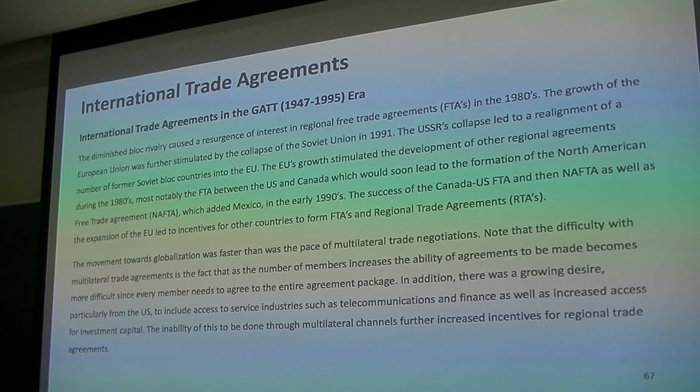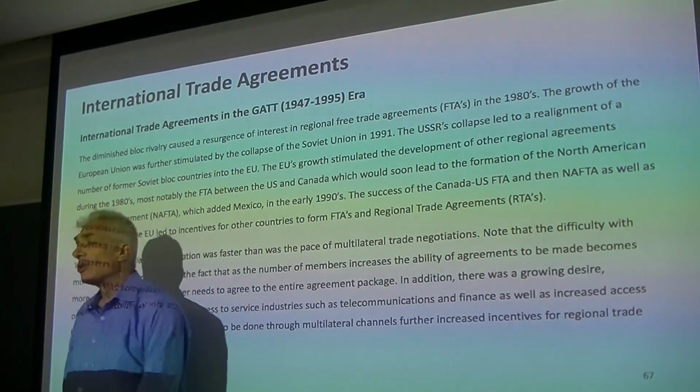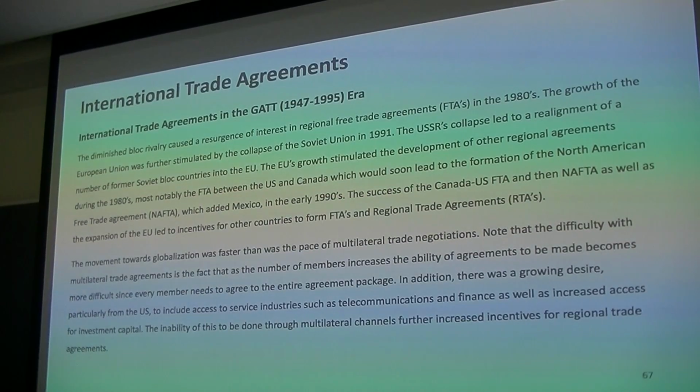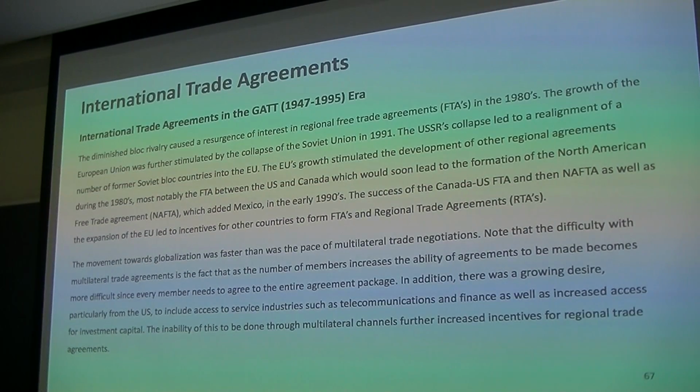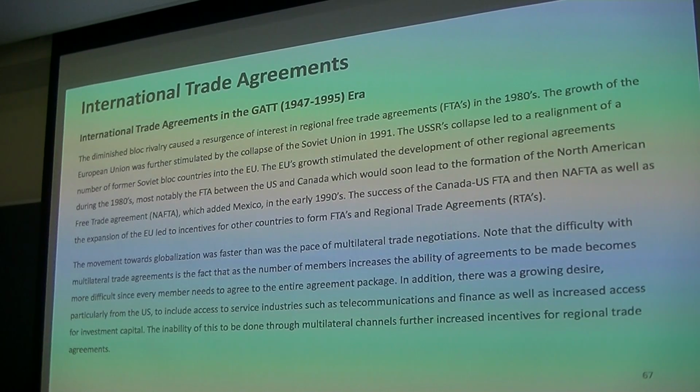And of course, the great event of the late 1980s and early 1990s was the collapse of the communist system, first in Eastern Europe, and then the collapse of the Soviet Union in 1991.